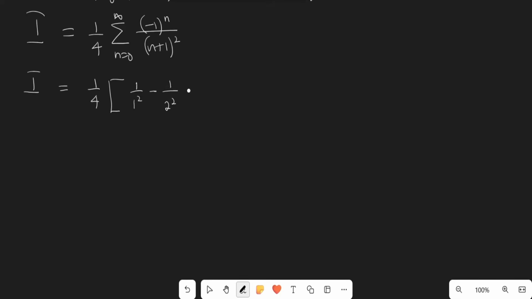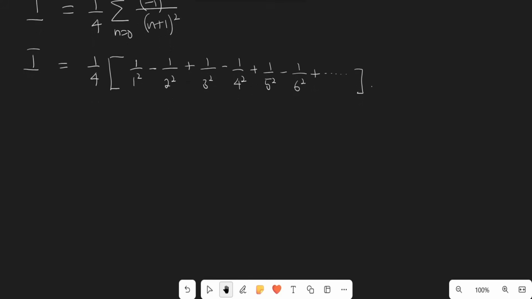When you plug in 2, that is going to be positive 1 all over 3 squared. When you plug in 3, that is going to be -1 all over 4 squared. This one continues until infinity. So the next term is going to be plus 1 all over 5 squared. And the next one is going to be minus 1 all over 6 squared. This actually continues until infinity because it's summing to infinity.